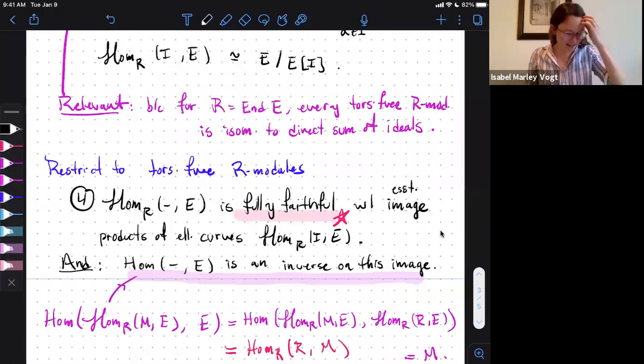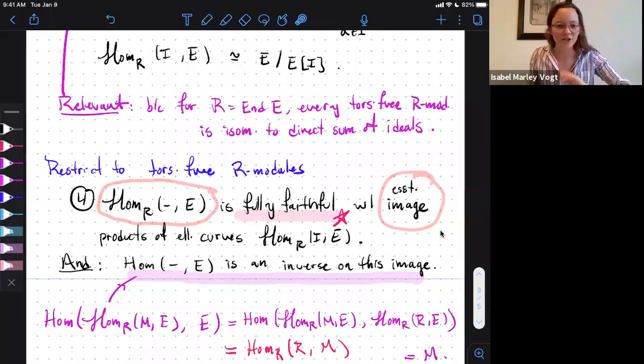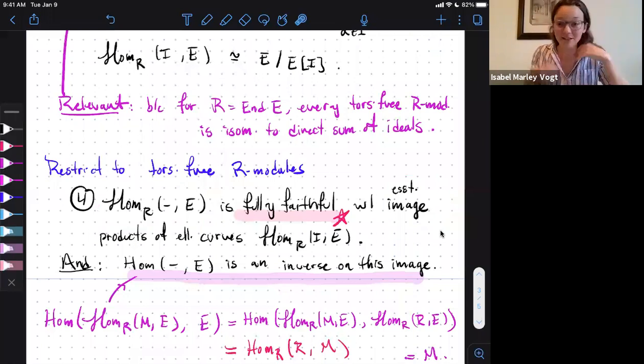Okay, so I think when you see all of this, it really begs the question, what is the essential image? Like, how much of the category we care about does this functor see, given that it's so nice on what we do see?